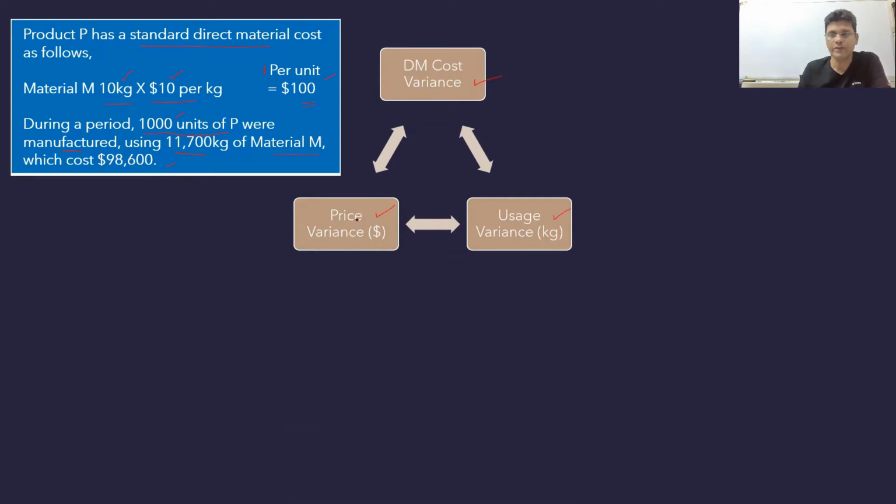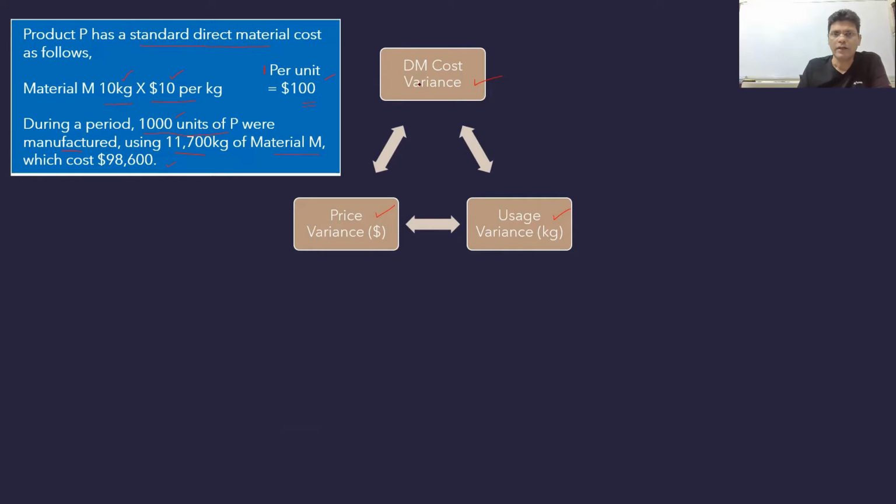The price variance means we compare the standard price and the actual price on the actual consumption. This is very important. And the usage variance means the actual consumption we have to compare with our standard consumption or planned usage, and that difference has to be multiplied by the standard cost of a material.